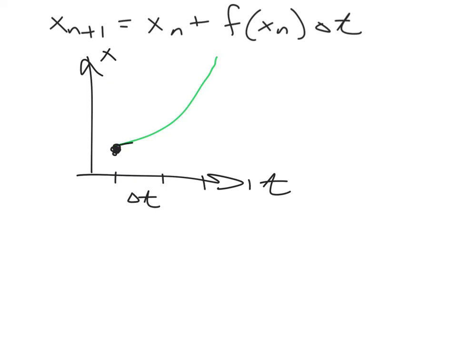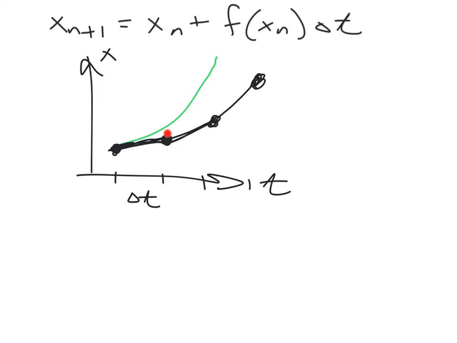So that gives us a slope here, and we step forward at this slope times this amount of time, and add it on, and we land at a new point. And then we do it again. We use this function to compute the slope at this value of x, and we step forward in time, and then we do it again. And as delta t gets small, the error in this also gets small.